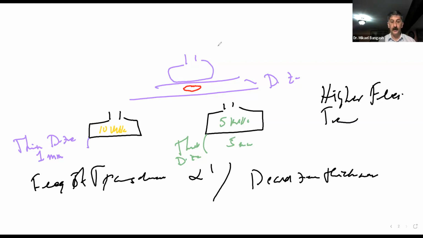If you had a high frequency transducer, the thickness of the dead zone is going to be lesser, and vice versa.